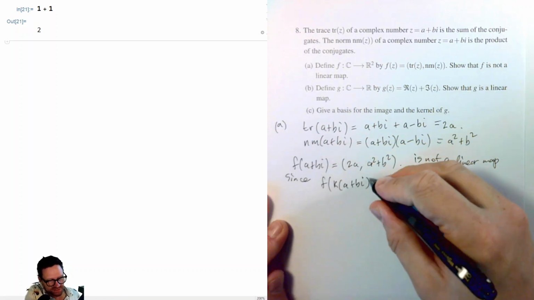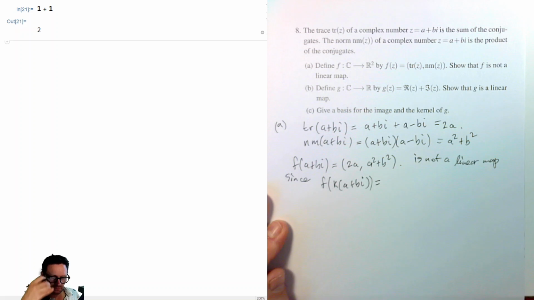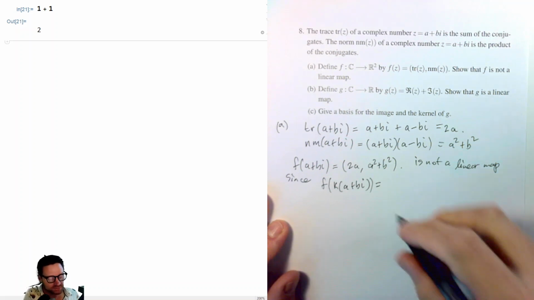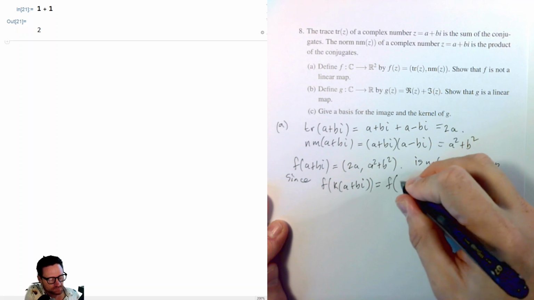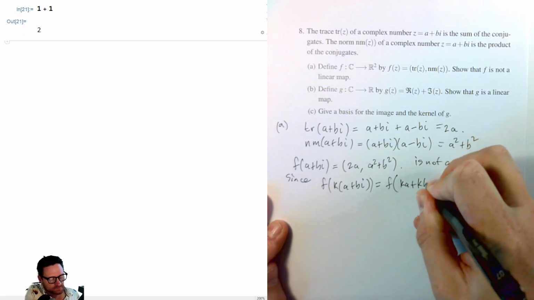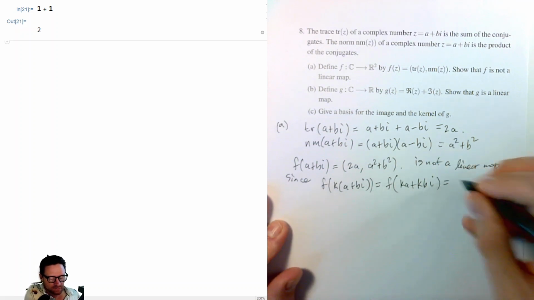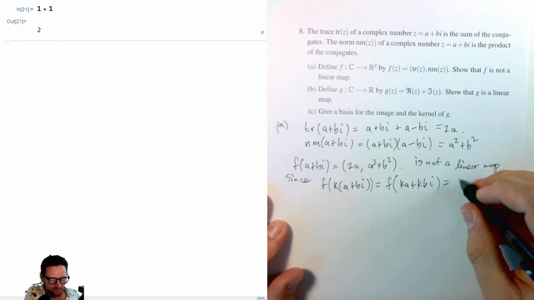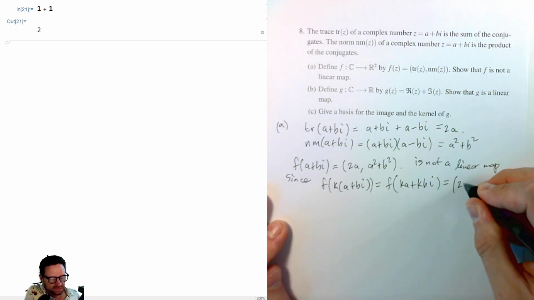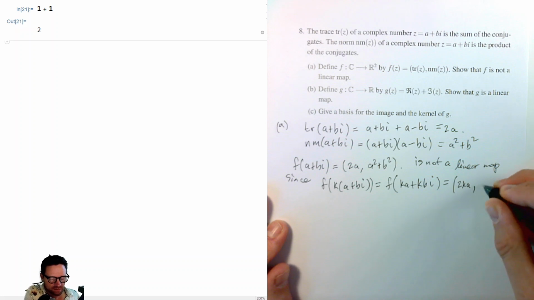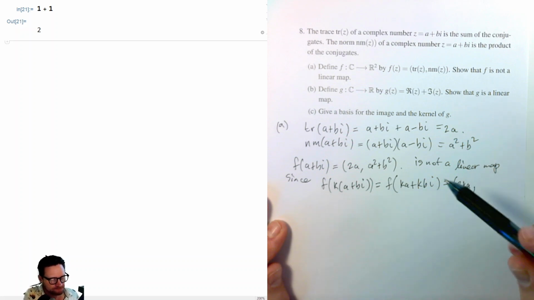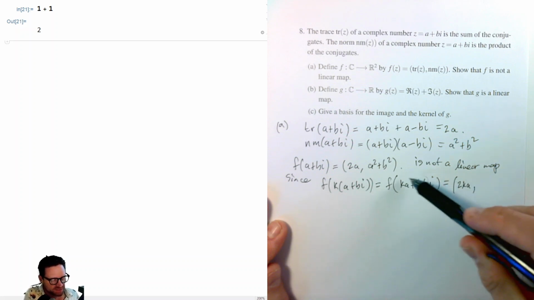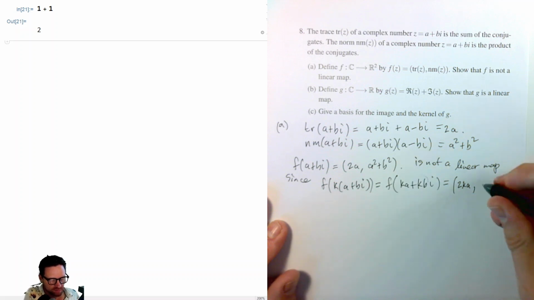This is usually the easiest one to check to show that something is not a linear map. So this would say that we have 2 times ka, comma, and then take this and square them.